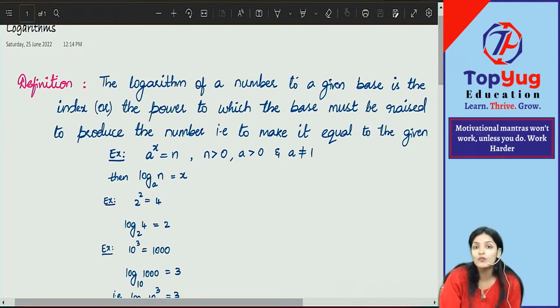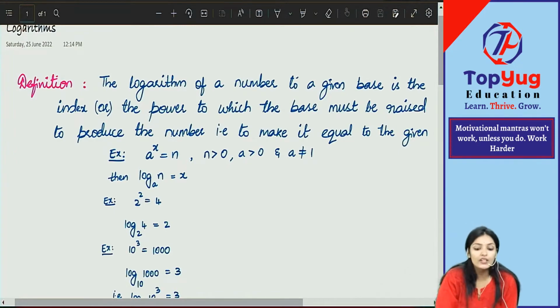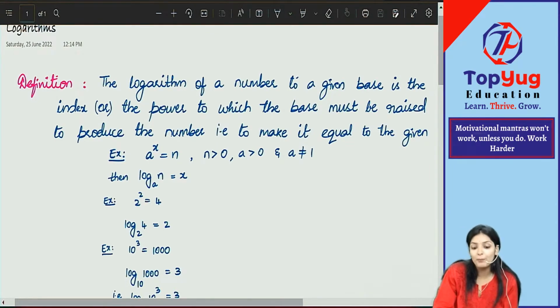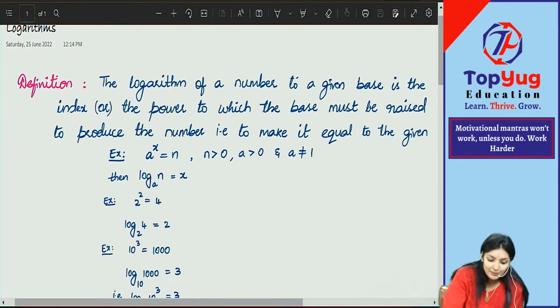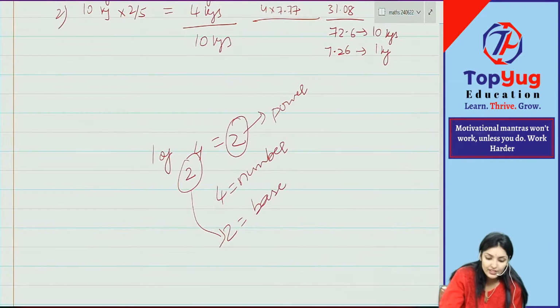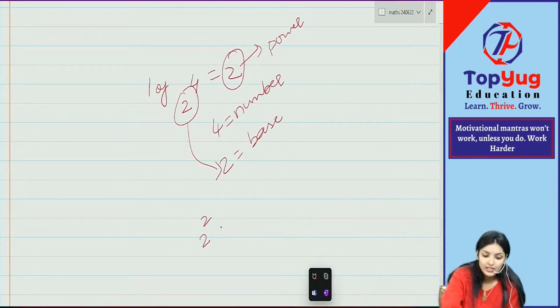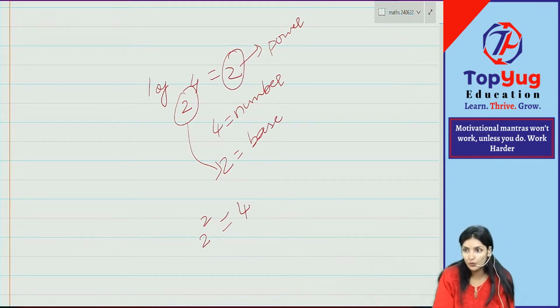The logarithm of a number, so log 4 to the base 2, is the index or the power to which the base must be raised to produce the number. The point here is, if you write 2 to the power 2, then only you will get 4.